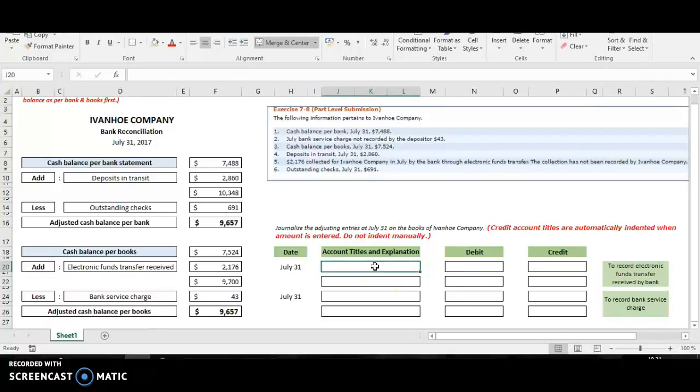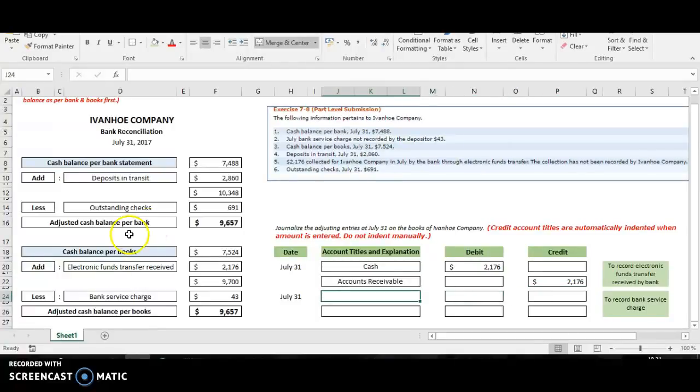So we're going to debit the account cash, and that's going to be this amount, $2,176, and we're going to credit the accounts receivable account for the same amount.